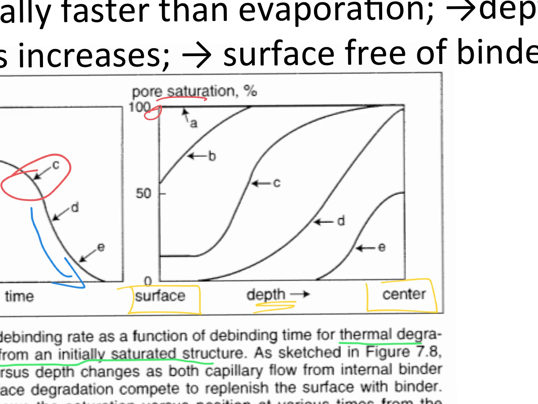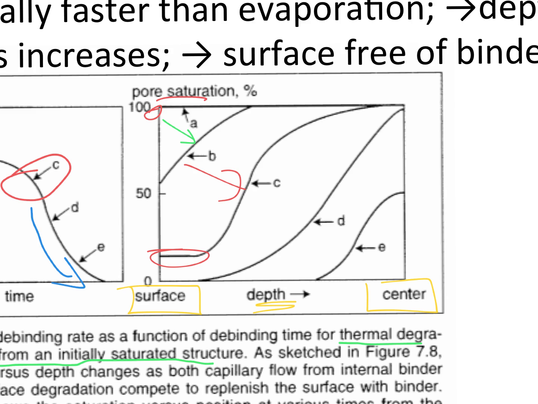The surface is going to consist of easily removed polymer. But then we go to state B, where we're down below the surface now. Things are slowing down. And then from there we go to C, and we have even less pore saturation, more of this process of going from funicular to pendular.